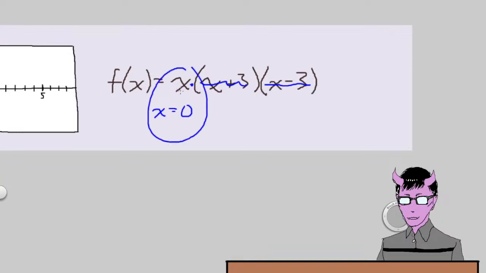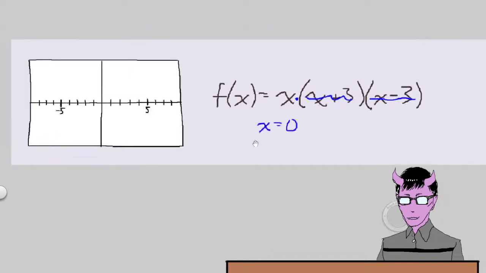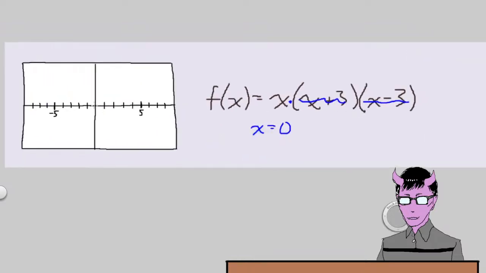So that's the first factor that we can possibly make into 0. That means that we have an x-intercept at x is equal to 0. In the xy coordinate plane, we have 0, 0, because if you plug in 0 into your function, you will produce 0 as your y output.